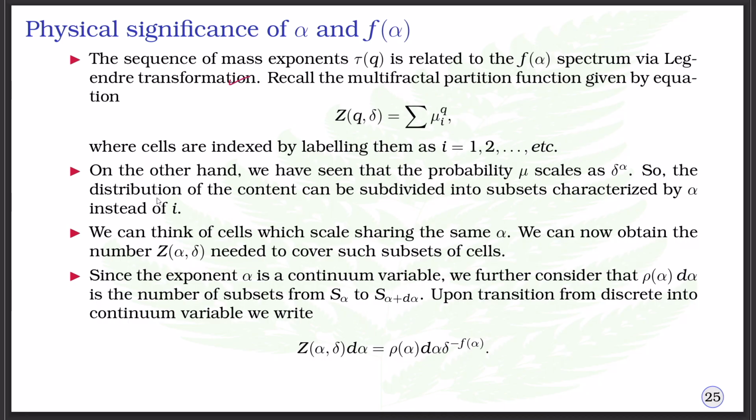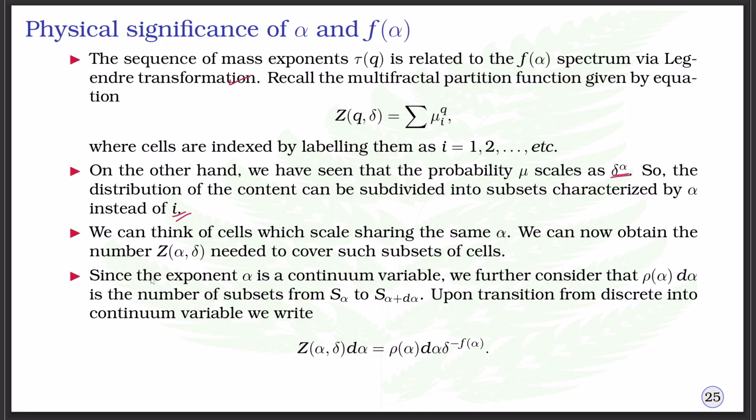So the distribution of the measure can be subdivided into subsets characterized by alpha instead of I. We can think of cells which scale sharing the same alpha.